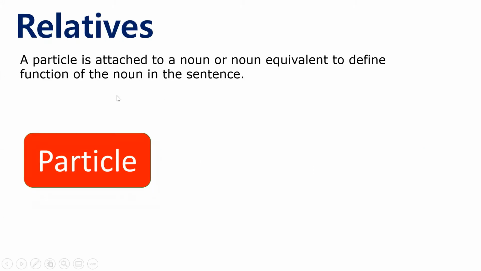And next, relatives. In this group, we have only one element. So this is particle. Korean particles are, if there's a noun, you may see some tiny word that is attached to a noun. Steve 가, 가 is a subject particle. That means that this noun, Steve, becomes a subject in a sentence.